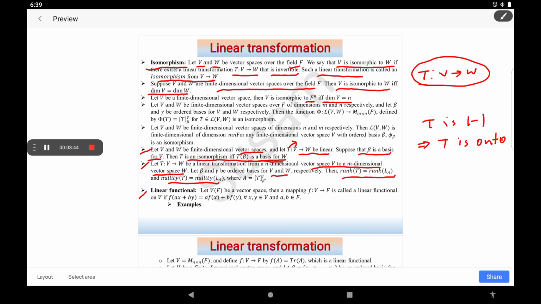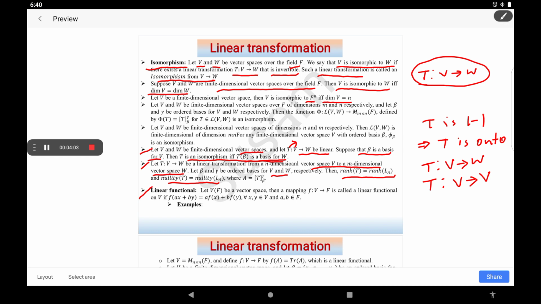Now what is a linear functional? Till now we know linear transformation from V to W, where both are vector spaces, or linear operator from V to V. Now we are coming to another topic, that is linear functional. What is that?